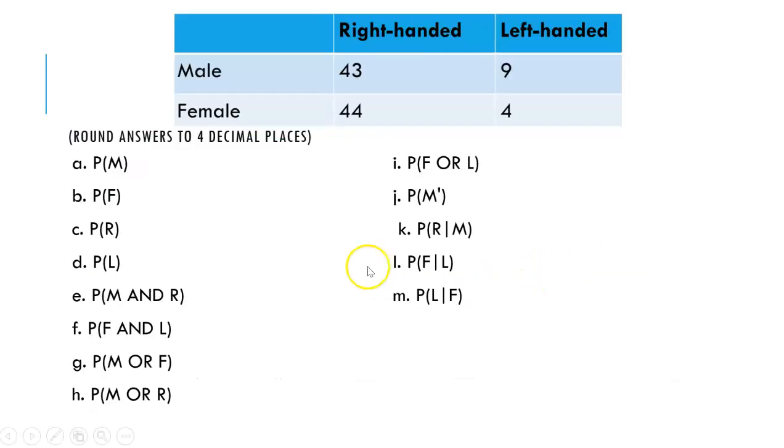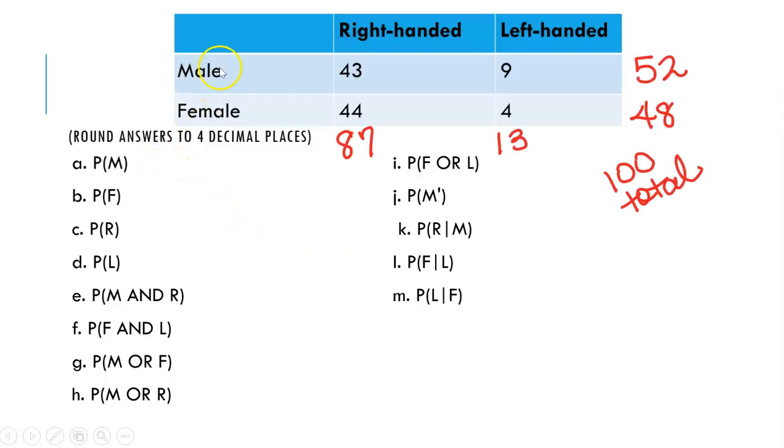So if we wanted to find the probability, first off, I'm going to need to total all these things out. There are 52 males. There are 48 females. There are 87 right-handed, and there are 13 left-handed. And altogether, that's 100.